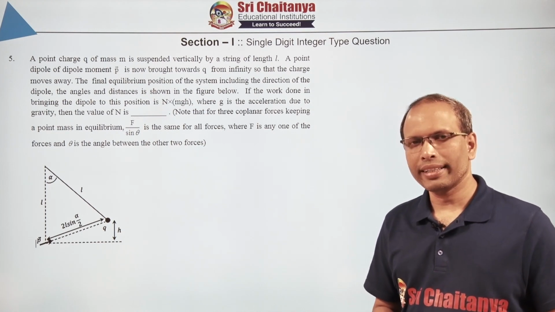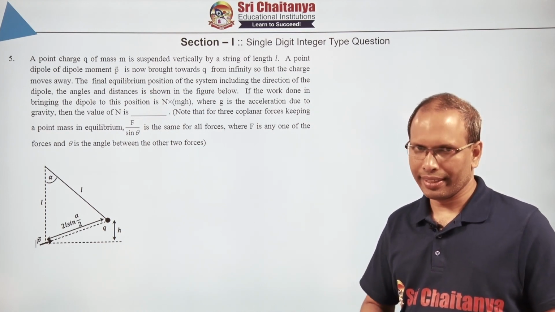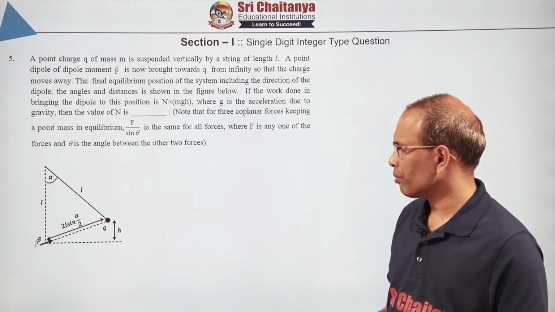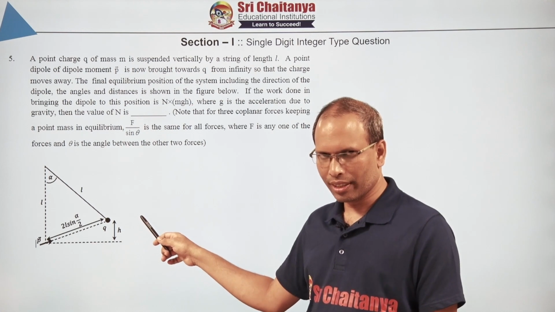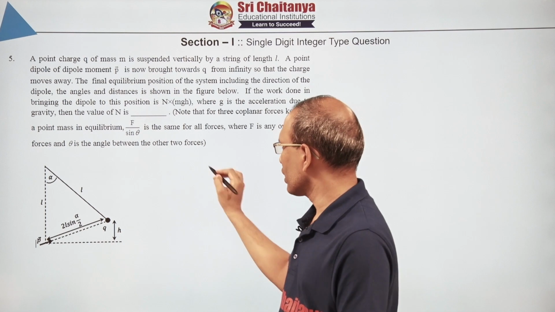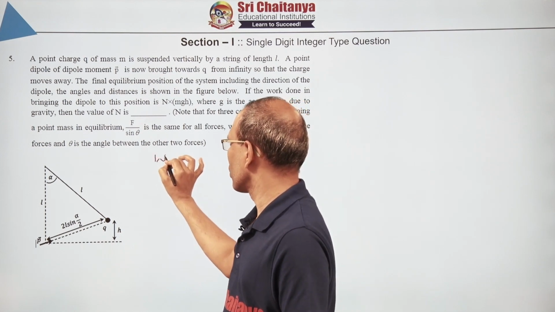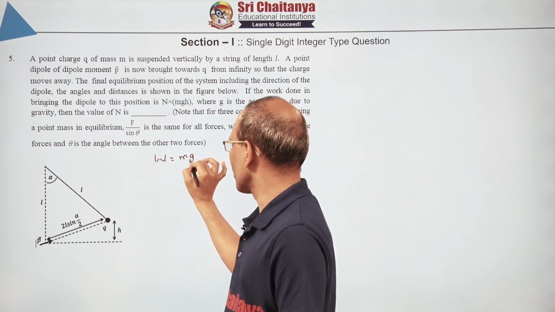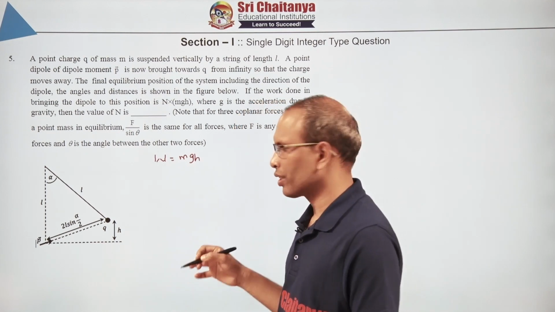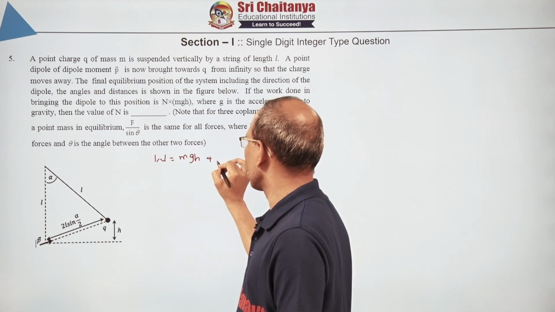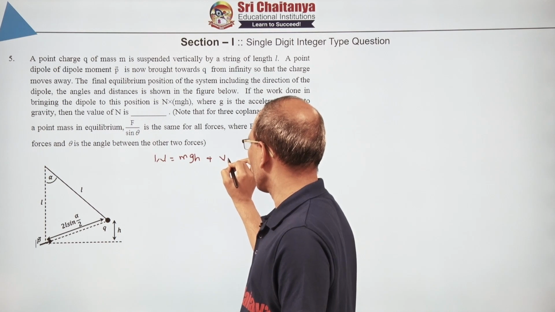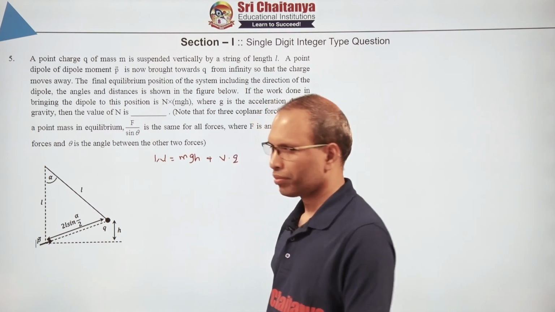Now we have to calculate here the work done. Simple. Work done is nothing but change in energy of the system. So what is the change in energy here? One is change in gravitational potential energy, another is electrostatic potential energy. So the work done can be written as mgh, which is the increase in gravitational potential energy, plus the increase in electrostatic potential energy, that is electric potential V into charge q.